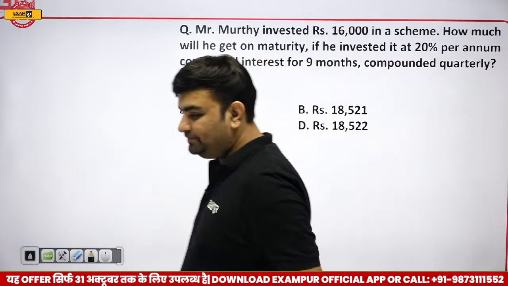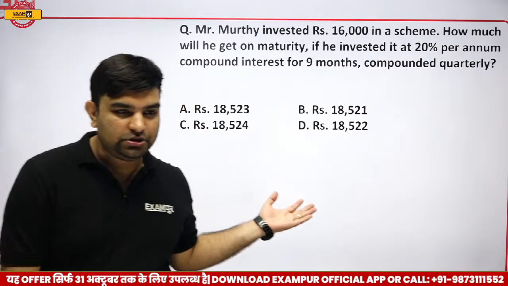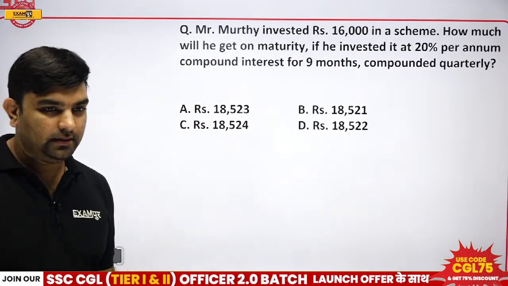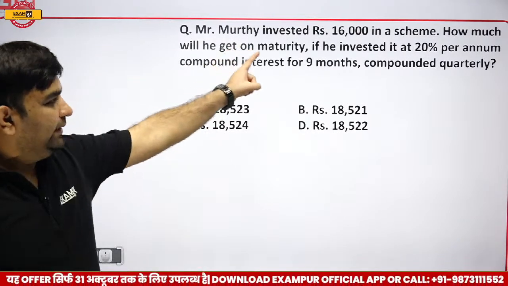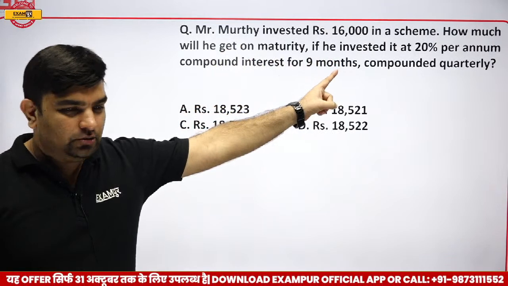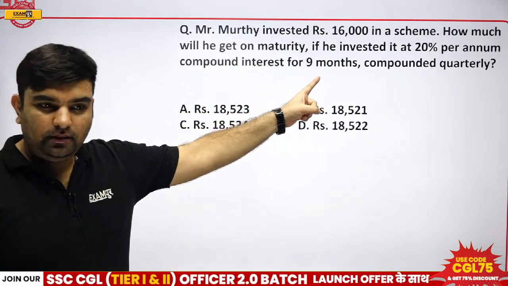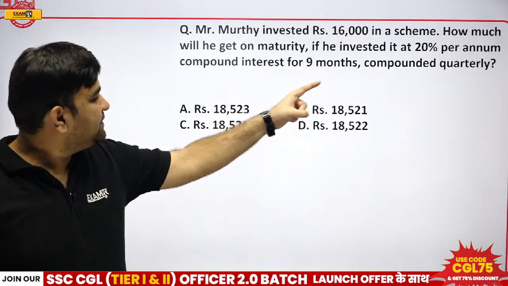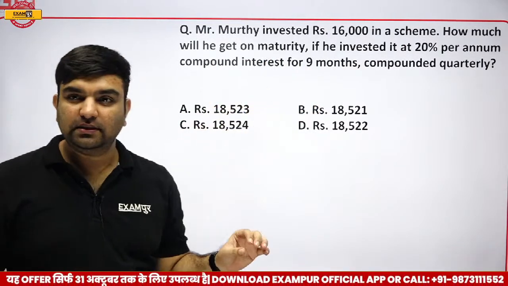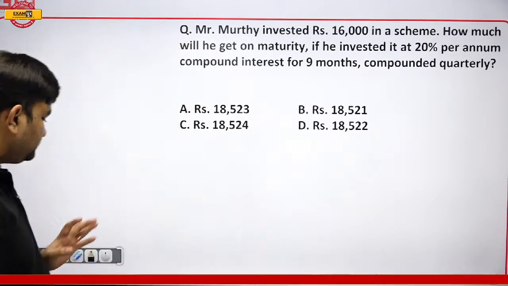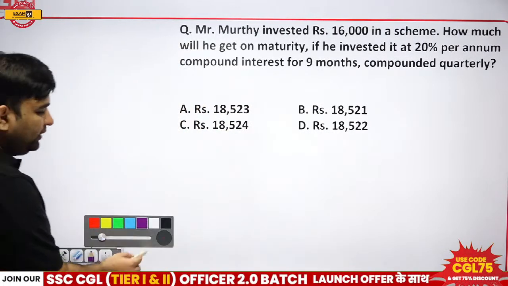This is the question from mains. Mr. Murthy invested 16,000. How much will he get on maturity if he invested at 20% compound interest for 9 months, but compounding is done quarterly?